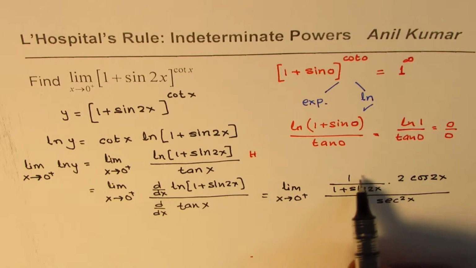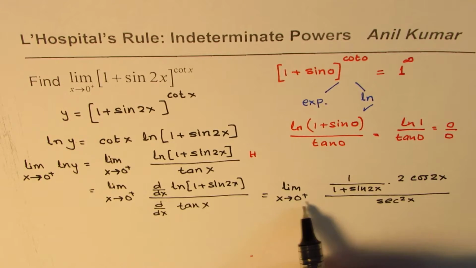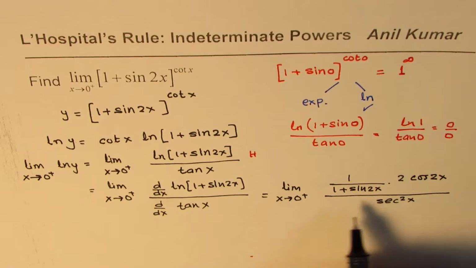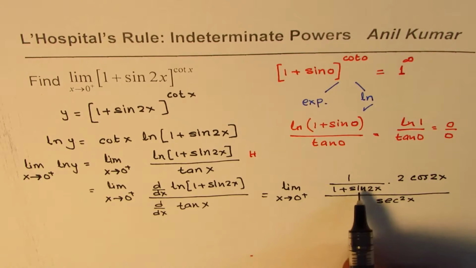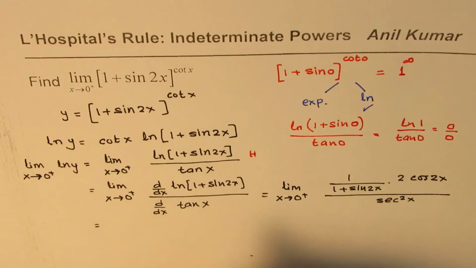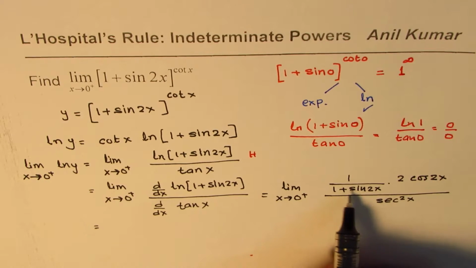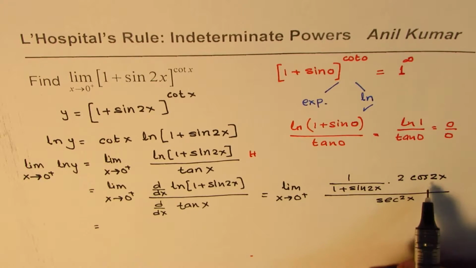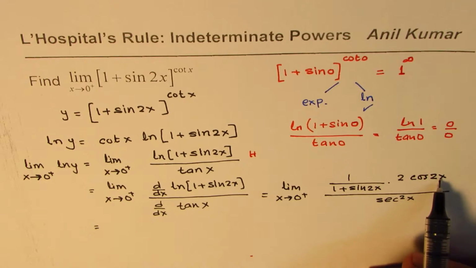Now if in this we substitute x equals 0, what do we get? Let's see that. 1 plus sine 0, sine 0 is 0. So 1 plus sine 0 is 1. So we get 1 here. Cos 0 is also 1.